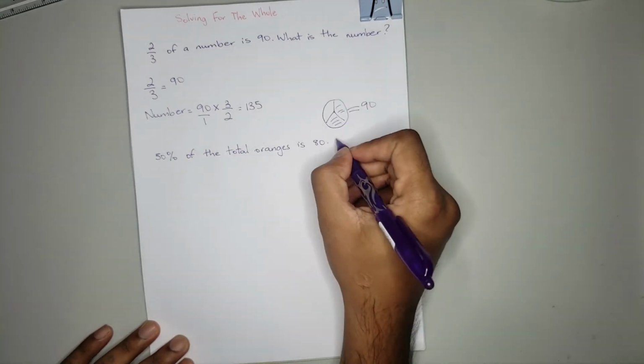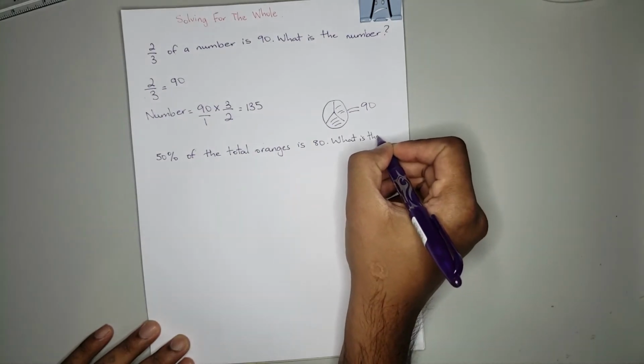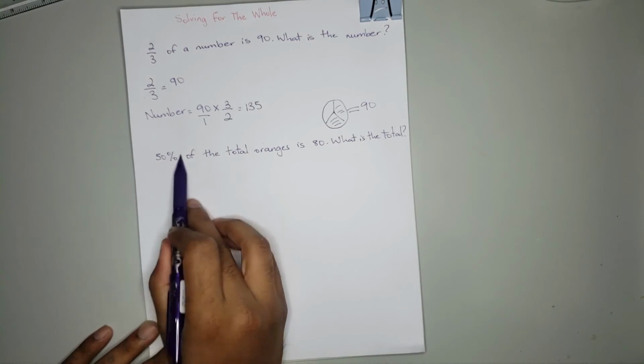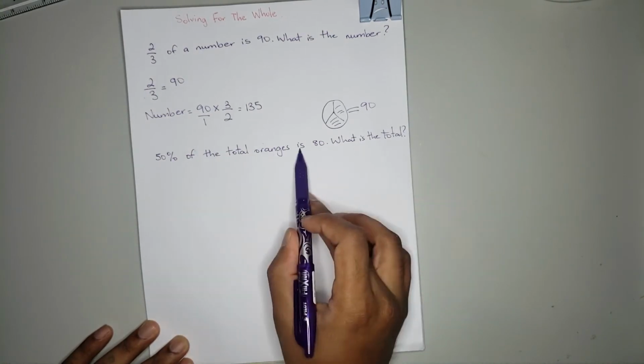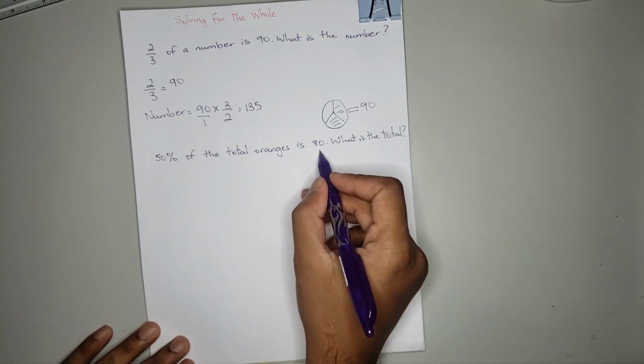And I want to calculate what is the total, right? So you realize, 50% of the total is equal to 80 oranges. Alright? You want to calculate the total.